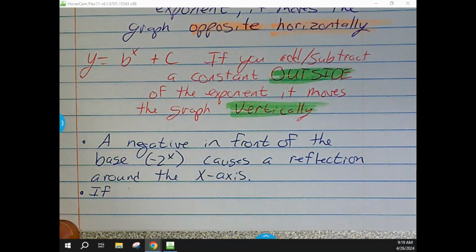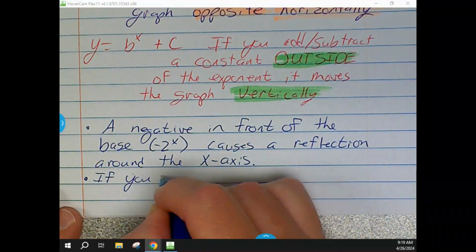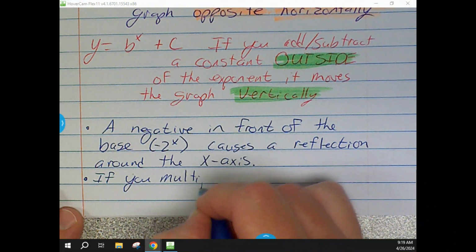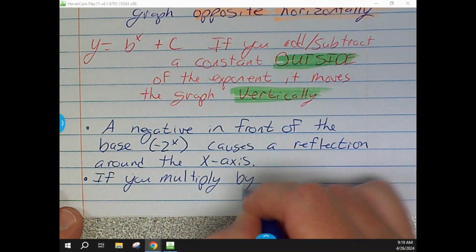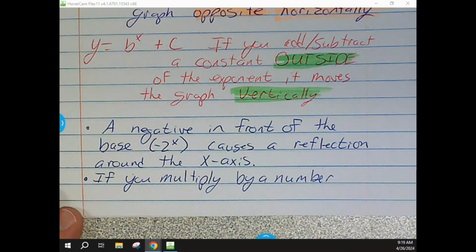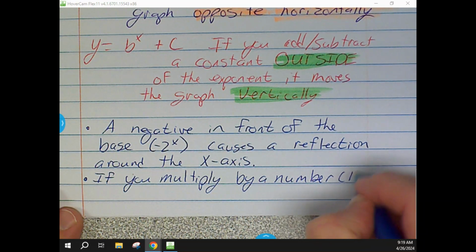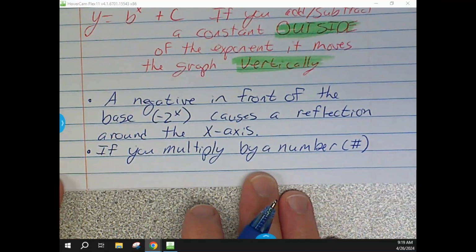All right, and then the last little thing we've got for this one, if you multiply by a number, again, not hashtag, but your pound symbol there.